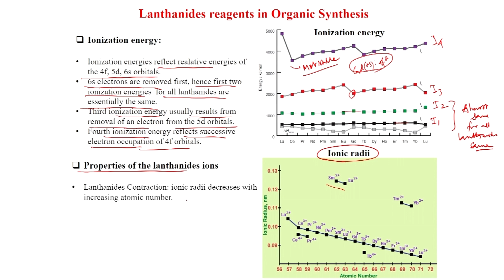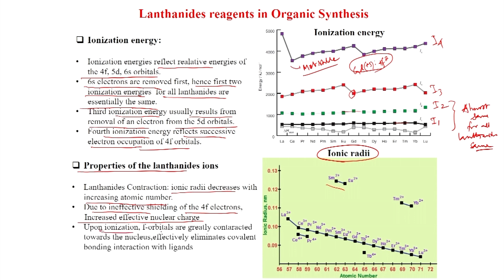So why is it? Ionic radius decreases with increasing atomic number, due to ineffective shielding by the 4f electrons, which increases the effective nuclear charge, because shielding by the 4f electrons is not so good. Upon ionization, f orbitals are greatly contracted towards the nucleus, effectively eliminating covalent bonding interaction with ligands. The ligand-metal interaction is highly ionic, with no need for orbital overlap. We will also see these properties of lanthanides.